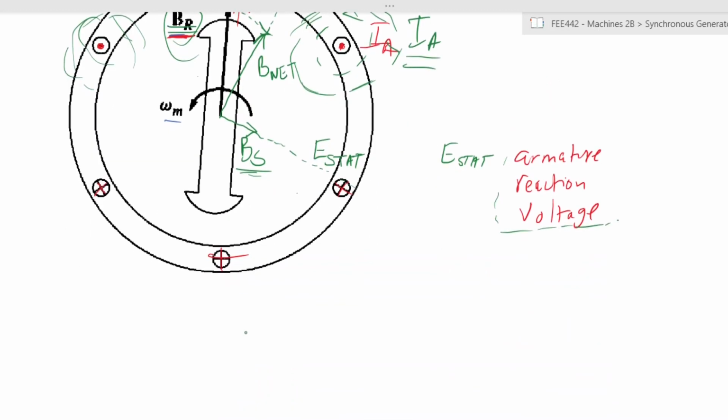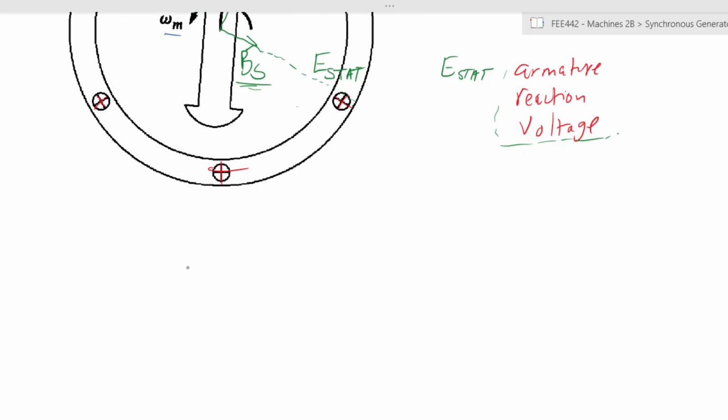So what will eventually happen is you have E start, the voltage here, can be represented by an X, a certain inductance due to the armature reaction.